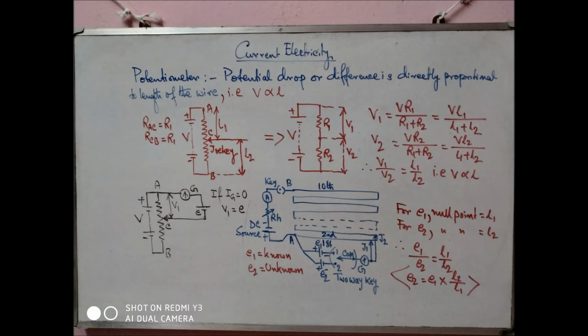Now when the jockey is at C, it may be the midpoint, it may not be the midpoint, it may be towards A, it may be towards B. Sometimes L1 is more than L2, sometimes L2 is more than L1, sometimes L1 equals L2. So suppose the AC resistance is R1 and CB is R2. They are connected in series.